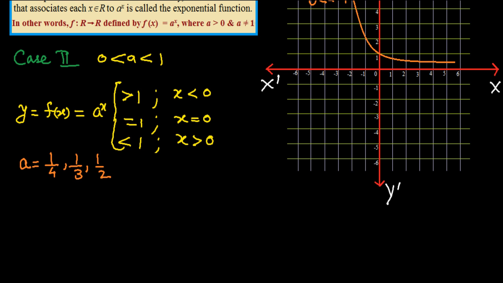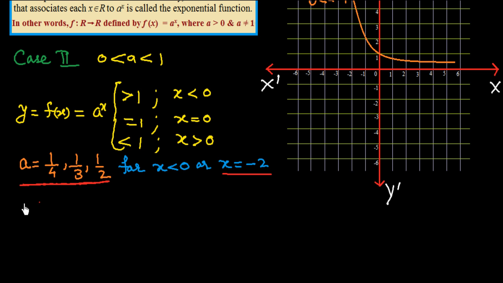And for x smaller than 0, here you see, we are taking x is equal to minus 2 and a is equal to all these values. We will see what happens now.